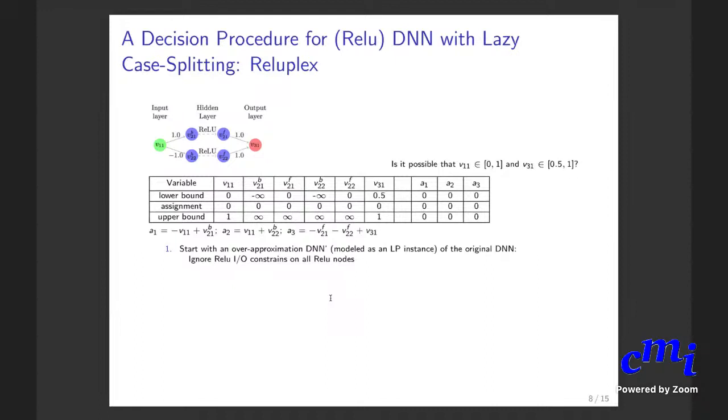That means it has to be less than or equal to 0, and it has to be greater than or equal to 0. And that's an expression. So if you were converting normally into LP, I'm not doing anything non-standard here. Equality is expressed in LP as the bounds being 0 and 0. That's all.